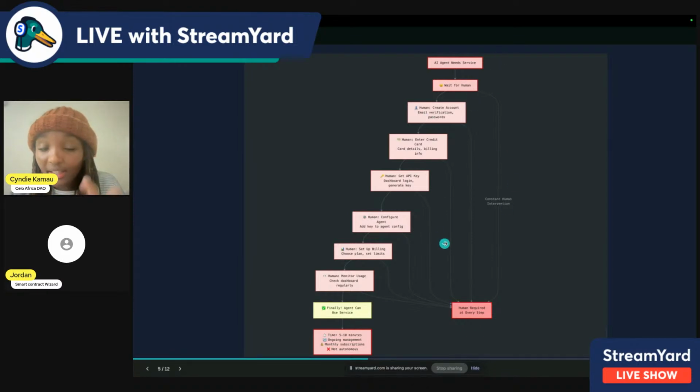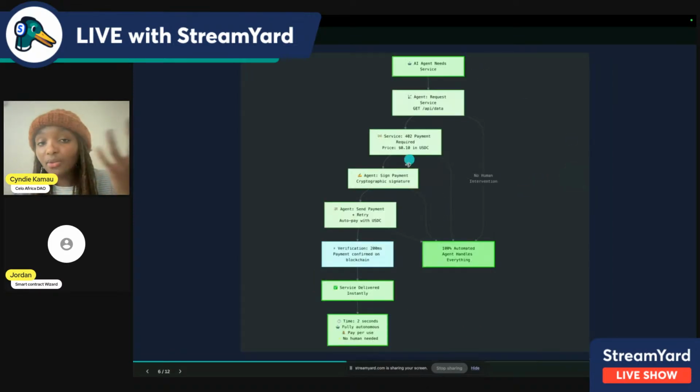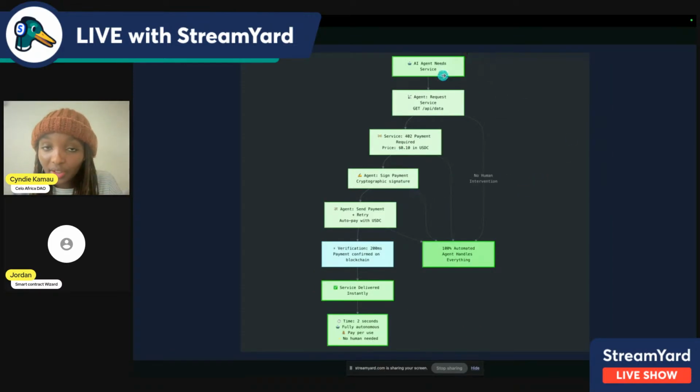Very inefficient system. But with x402, it just directly contacts the server that it needs. It just sends a request, hey, I need this data. And the server sends a response, 402, I need 0.05 USDC.